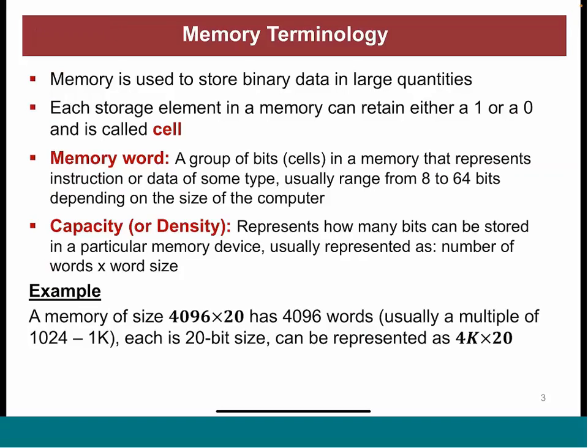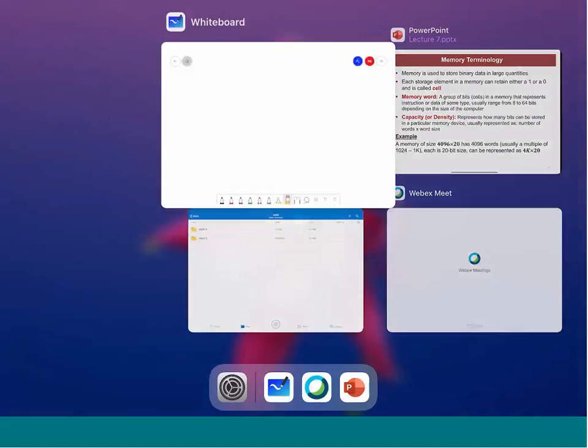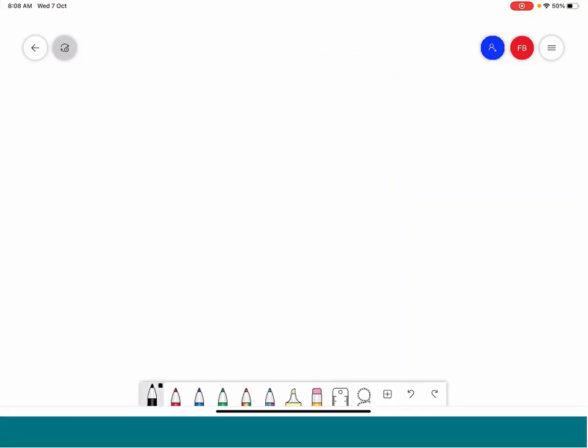So as you know, memory is used to store binary data in large quantities, of course, especially with the recent devices, very huge sizes. Each storage element in memory can retain either 1 or 0, bit 0 or bit 1, and it's called a cell. So basically, if you think of a memory like a table, I think we talked about this.